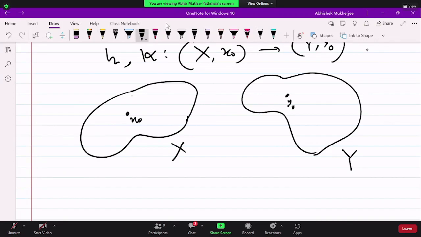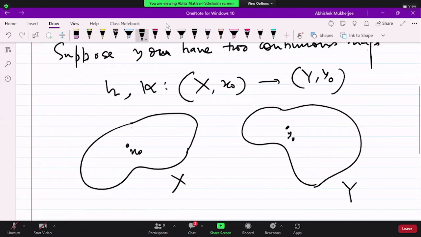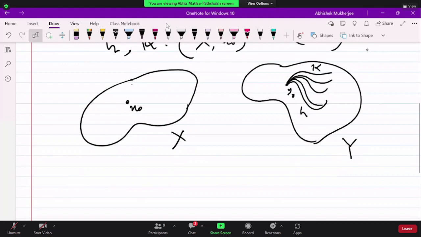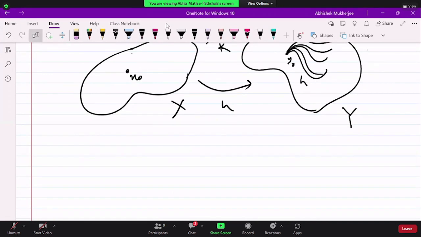That means we are assuming that this H and K are two maps which are homotopic to each other. Okay. So suppose this is your H, and this is your K.